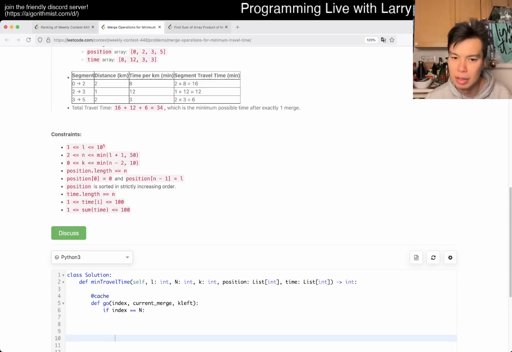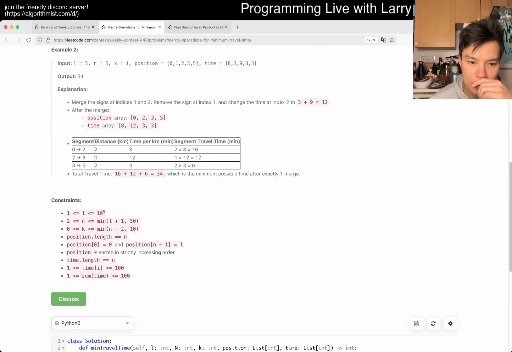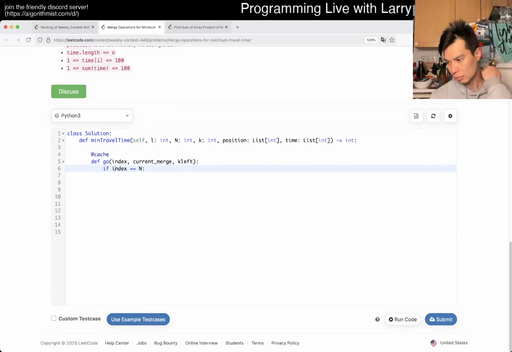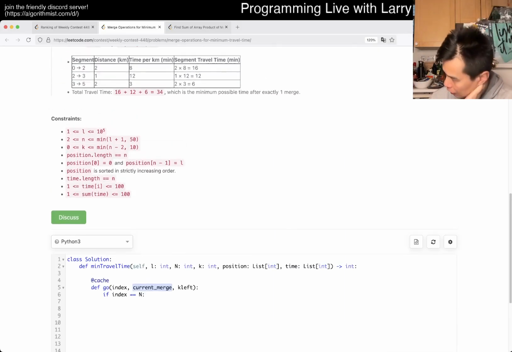So we're done. Maybe we haven't traveled yet, so this should be maybe the left index instead of the current merge. I mean, they represent the same thing, but the math is a little bit easier, right?